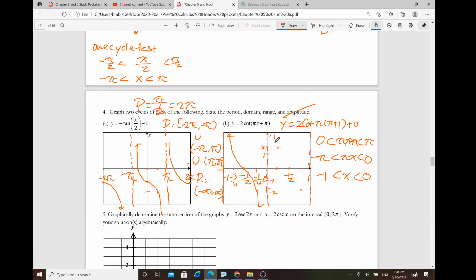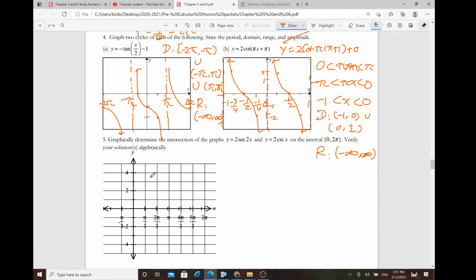Connect them. Alright, and then the domain would be considered negative 1 to 0, union, and then 0 to 1, open and close parentheses. And then for the range, again, all real numbers. Negative infinity to infinity.